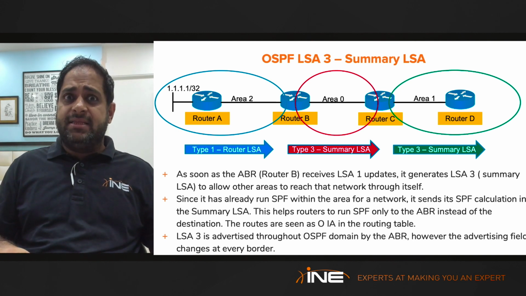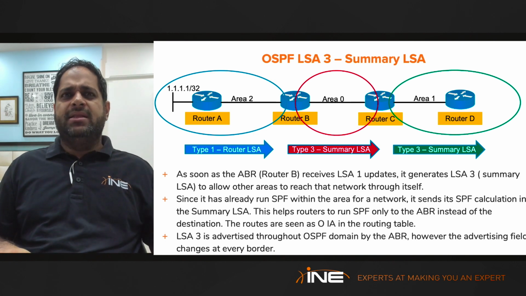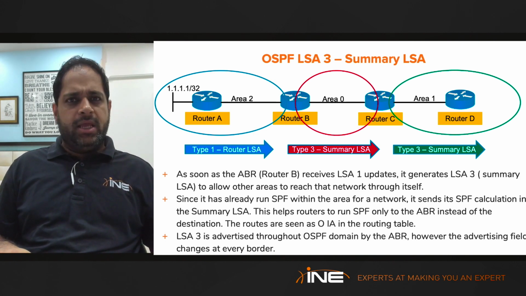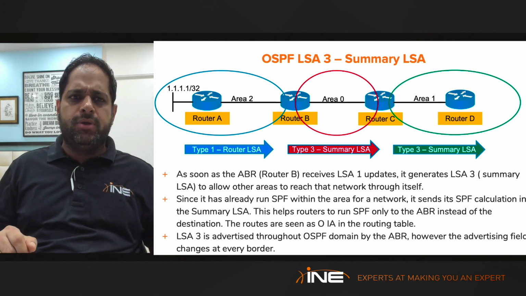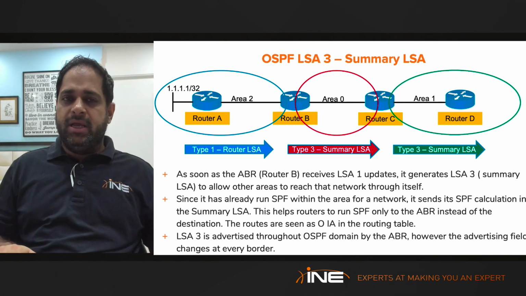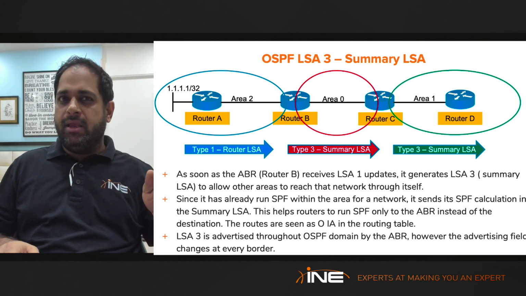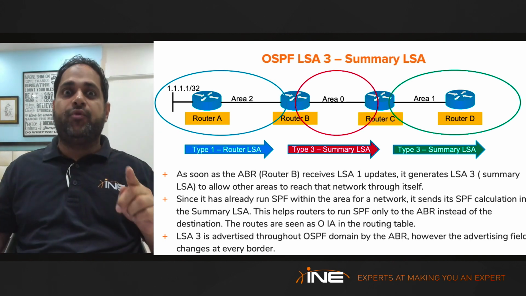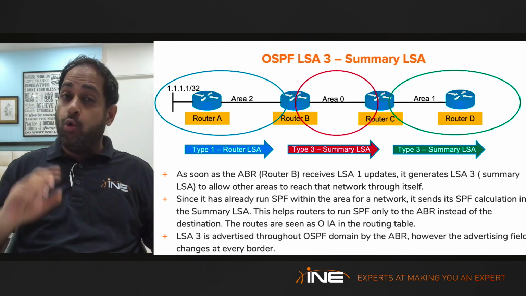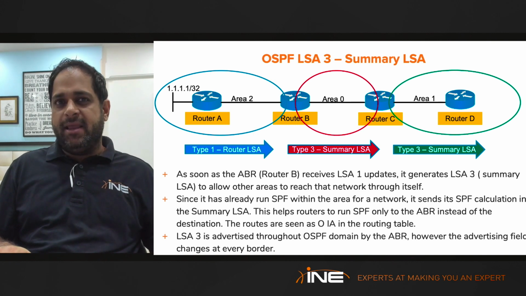He sees that a new update has come in for 1111, and the advertising router is router B. He does not know anything about router A, because router A's LSA did not reach router C. Router B was basically blocking type 1 and sending type 3, with him being the originator or the advertising router of that LSA.